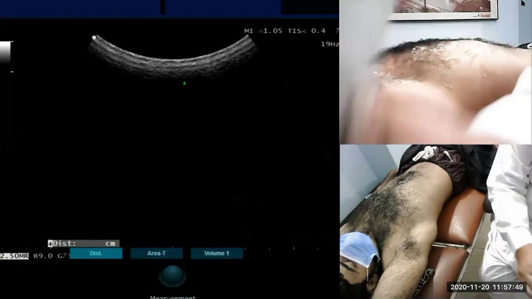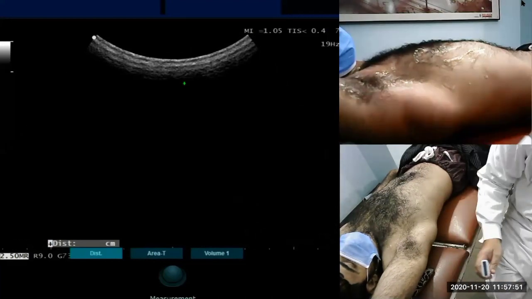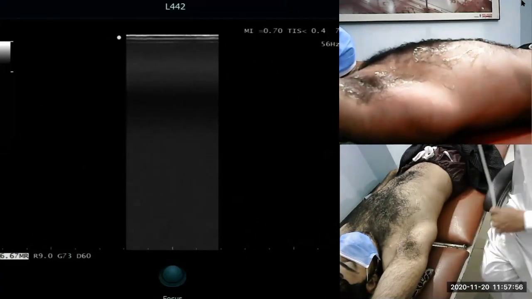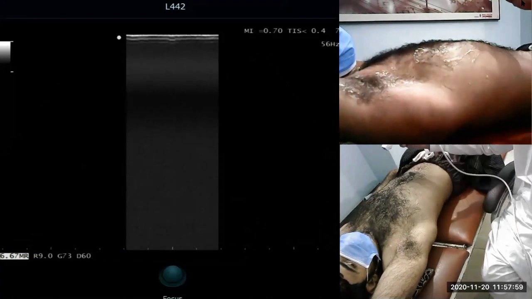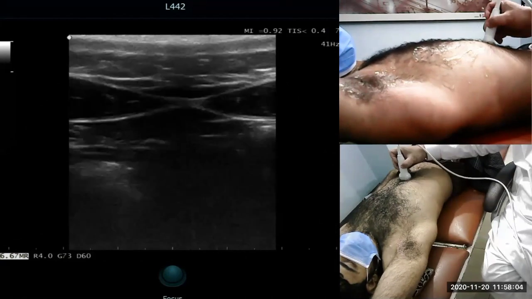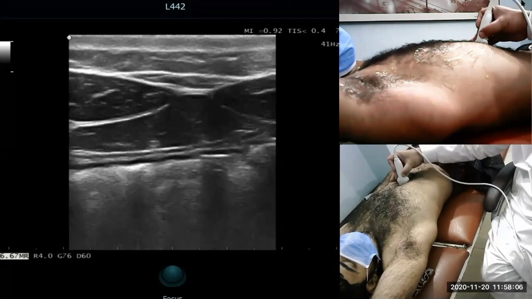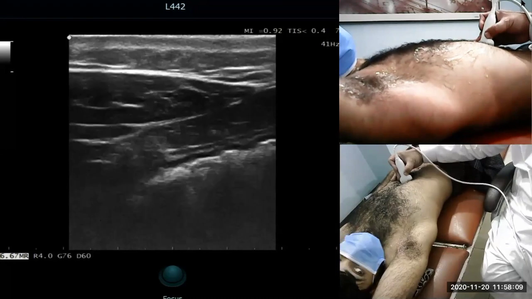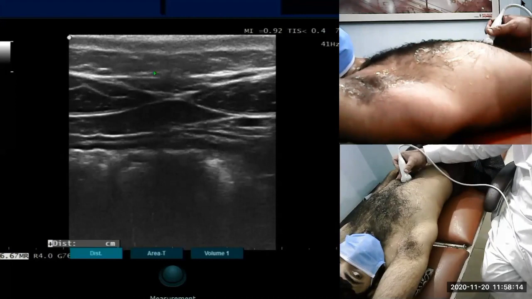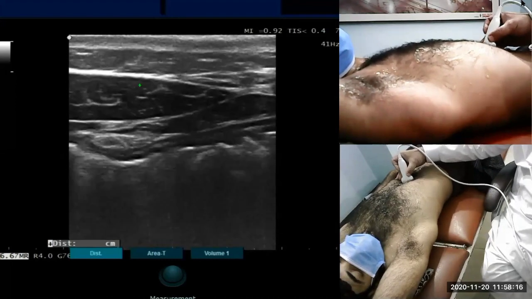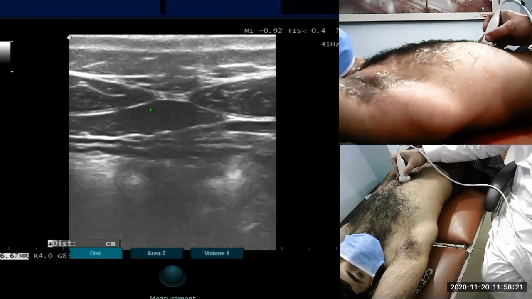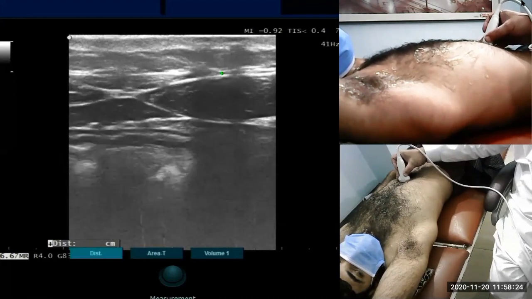The same I will show you with a linear probe now. The skin, the subcutaneous fat, the anterior rectus sheath, the rectus muscle, the posterior rectus sheath, the left rectus, anterior rectus sheath, and posterior.